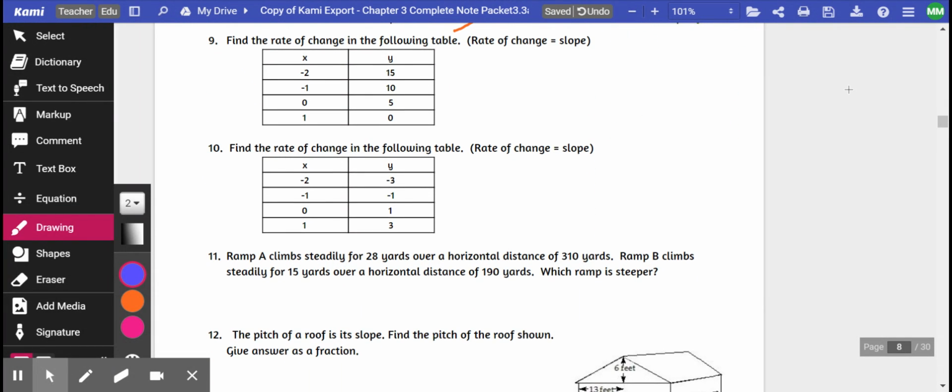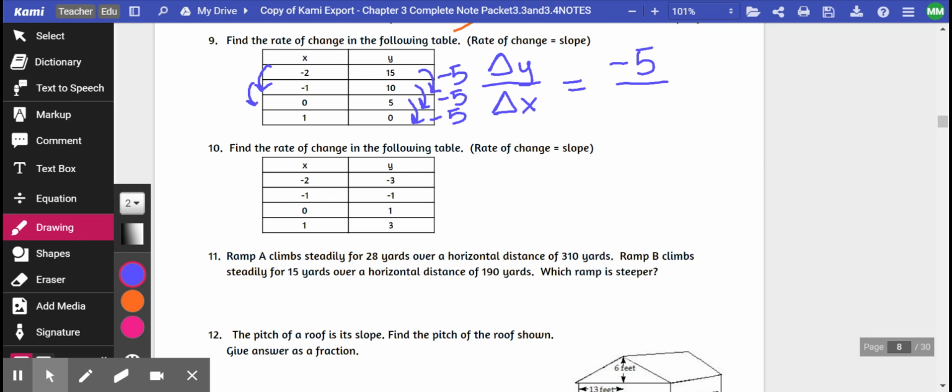Number 9 says, find the rate of change in the following table. So we want to find the change in y over the change in x. So I'm going to see what these change by in the y's. We can see that it's changing by going down 5. It's decreasing by 5. The change in the x values is that it's increasing by 1.